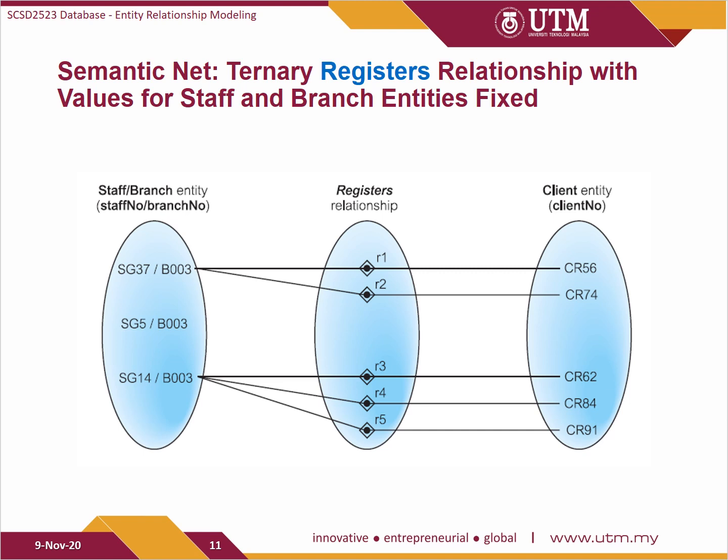So, we consider the ternary register relationship between staff, branch, and client in this slide. As shown here, there are 5 occurrences of the register relationship denoted R1, R2, R3, R4, and R5.